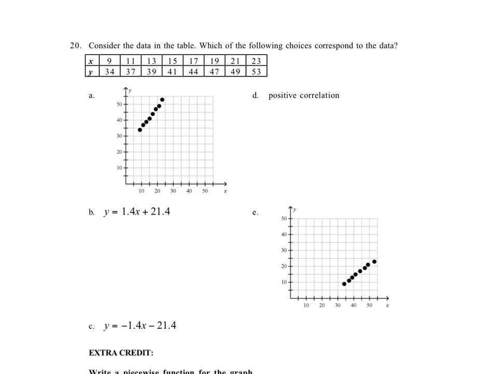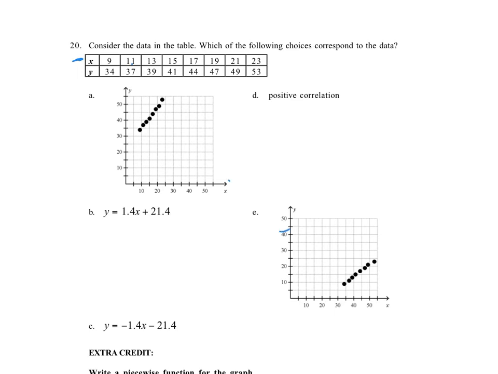Okay, here is number 20. Number 20 shows us a table of data. We don't know what it's about, but we're looking at, consider the data in the table, which of the following choices correspond to the data. So the x values are 9, 11, 13, 15. So looking at the graphs, let's start with the graphs here.